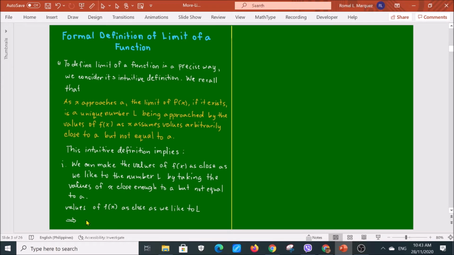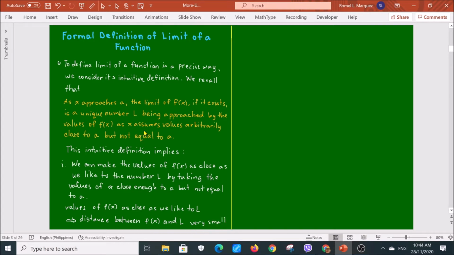It means the distance between f of x and L is very small.